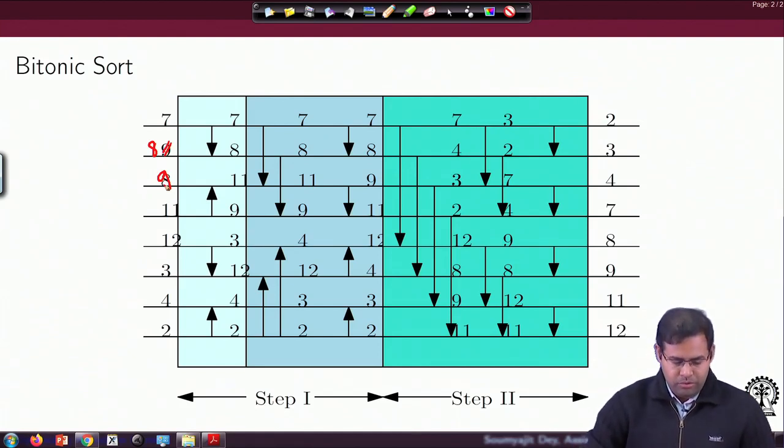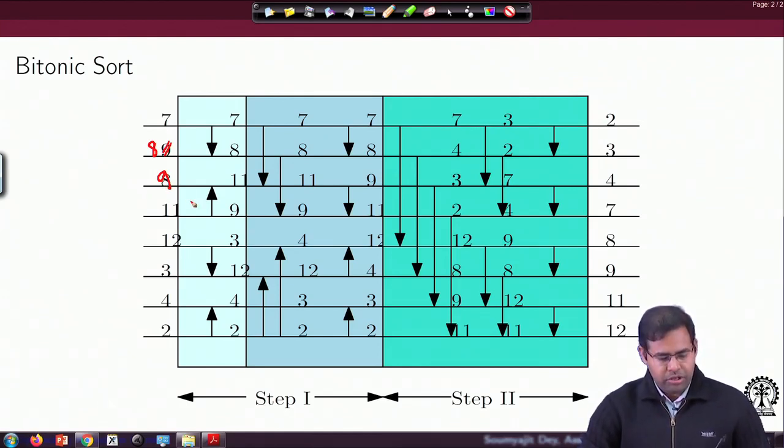Okay. So we are giving here a sorting network using which we are performing the Bitonic sort. We have these inputs 7, 8, 9, 11, 12, 3, 4, 2. As you can see, it's an arbitrary permutation, and we are marking out the different steps here. So I have a step 1.